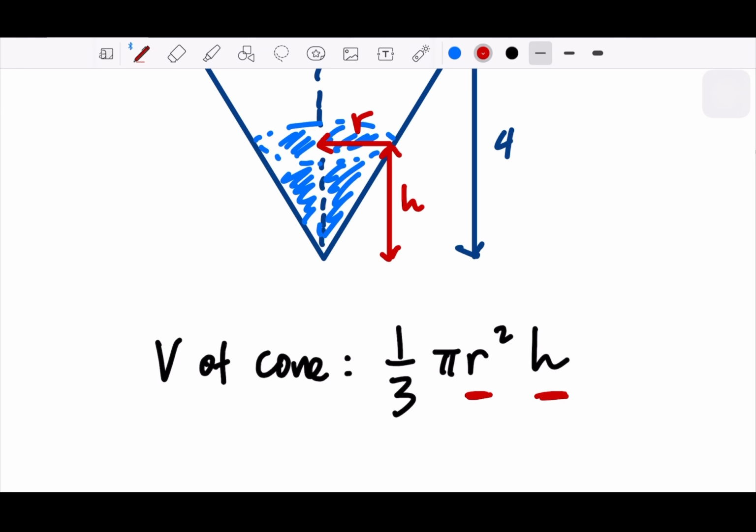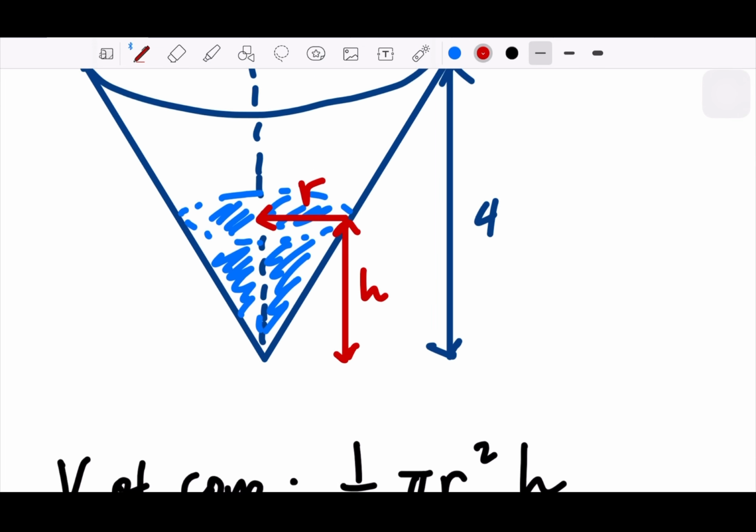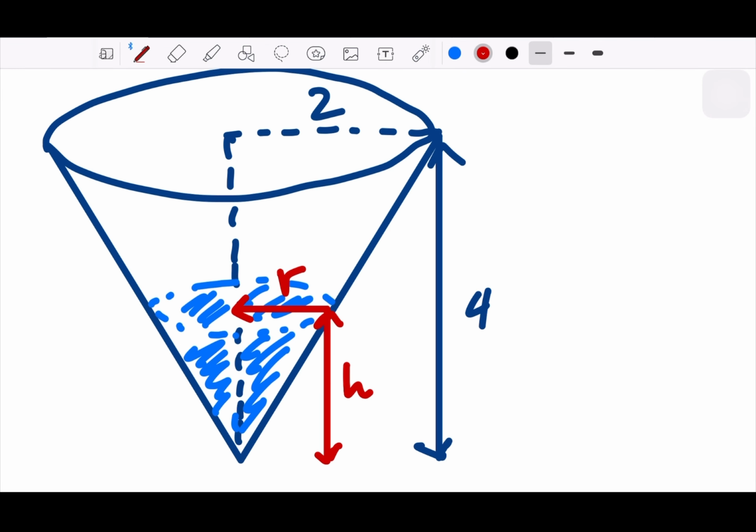If we look at the cone, the total cone here, we have 4, 2, 8, and R. We have a connection there. We can use the triangle property, right?